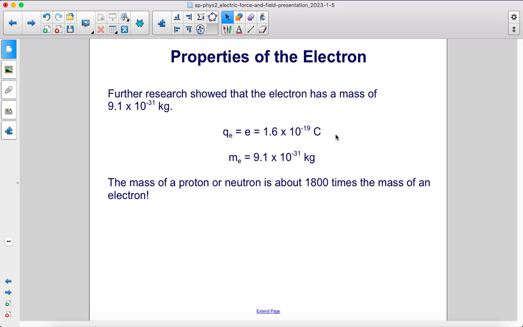It is 1.6 times 10^-19 coulombs. And m sub e, the mass of an electron, is 9.1 times 10^-31 kilograms. This is how those constants look on the AP2 equation sheet. The mass of a proton or neutron is about 1,800 times the mass of an electron.